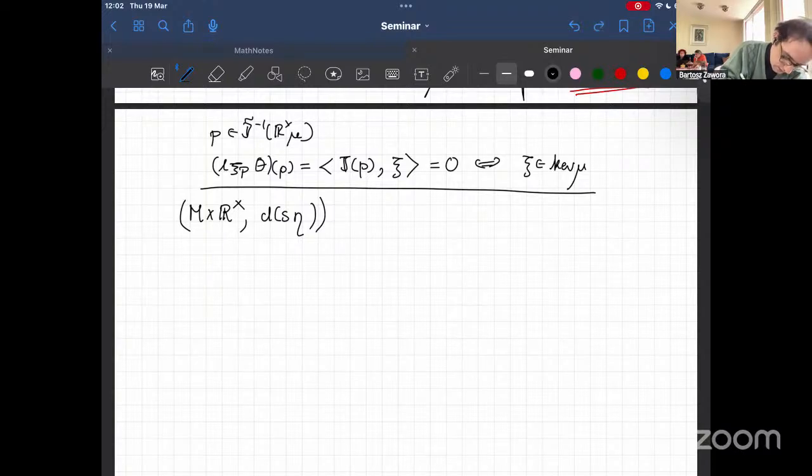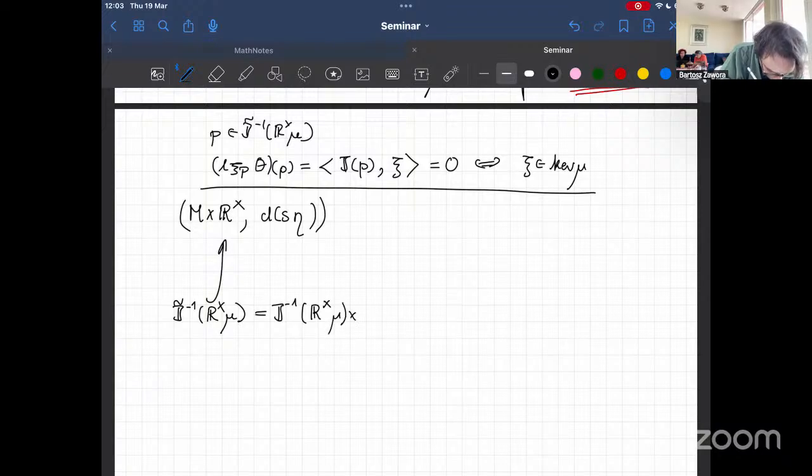First of all, we have the J^{-1} embedding of the preimage of mu, which by construction of this exact symplectic momentum map is, well, the notation may be a little misleading, but this is R cross mu times R cross.